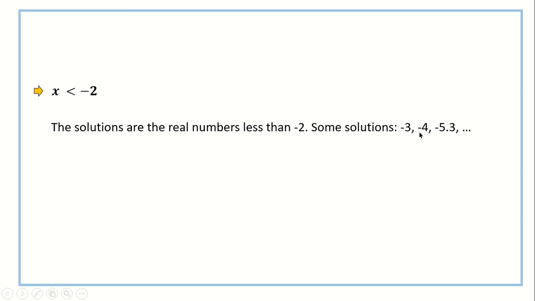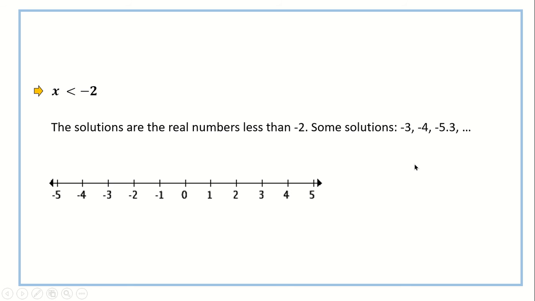And because there are so many, we cannot write and finish them. We can show them using a number line. Remember, this is less than. It implies that -2 is not included. So then we will use an open circle and then we go to the left.